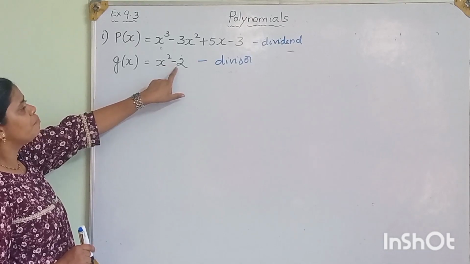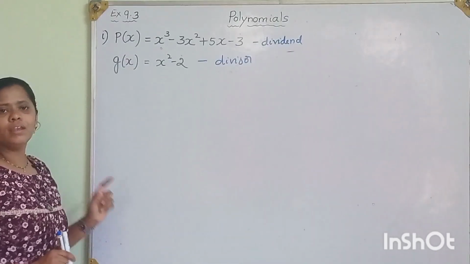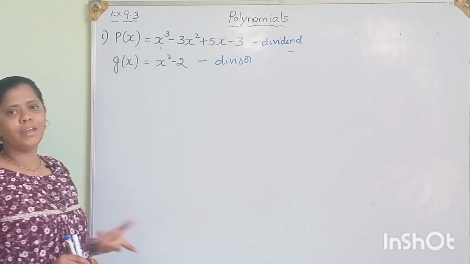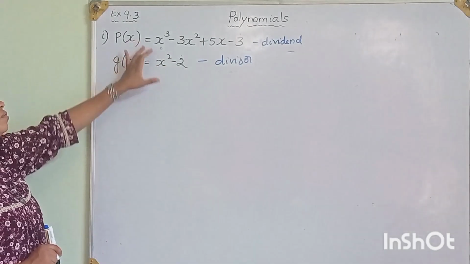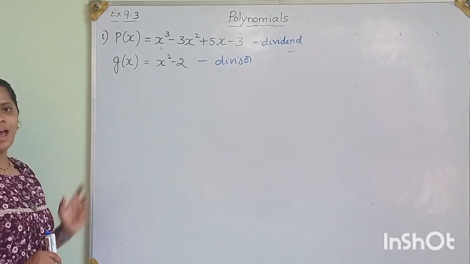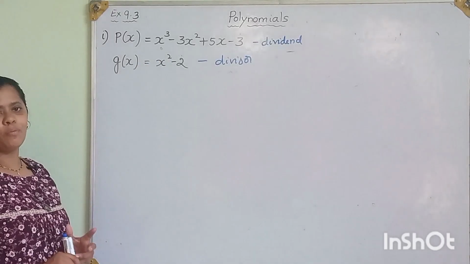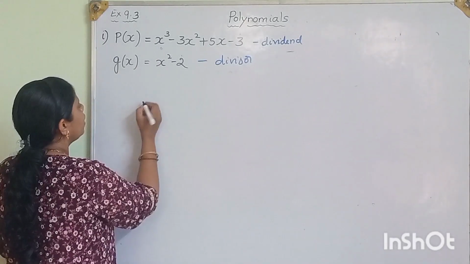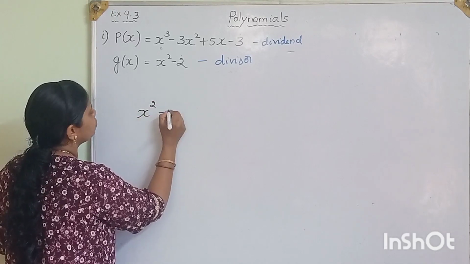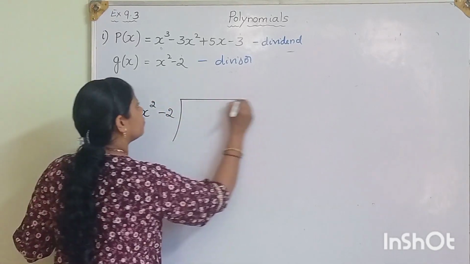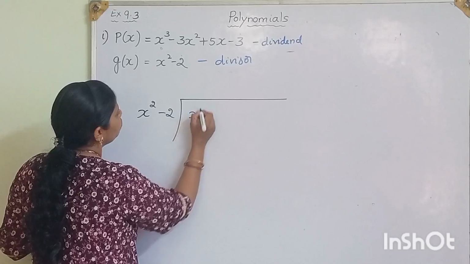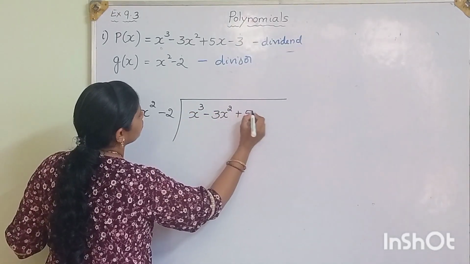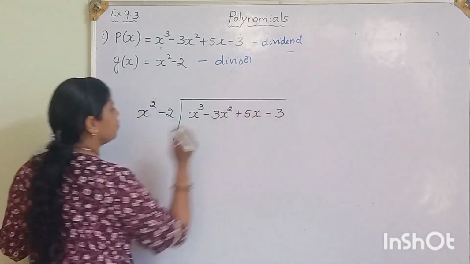X square minus 2 is also in order, because x square comes first and next the number. Both are in order, so there is no problem. We can divide it. So let me write x square minus 2 and x cube minus 3x square plus 5x minus 3.